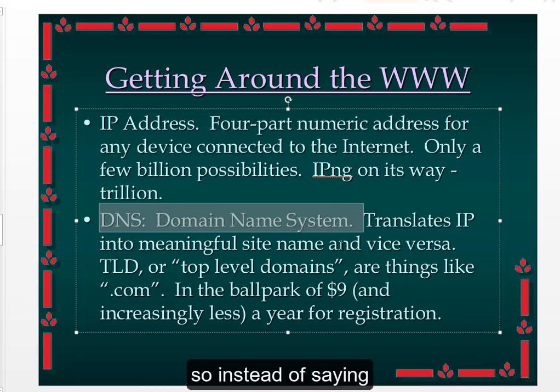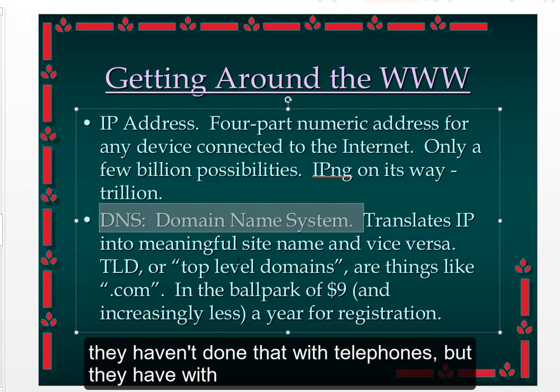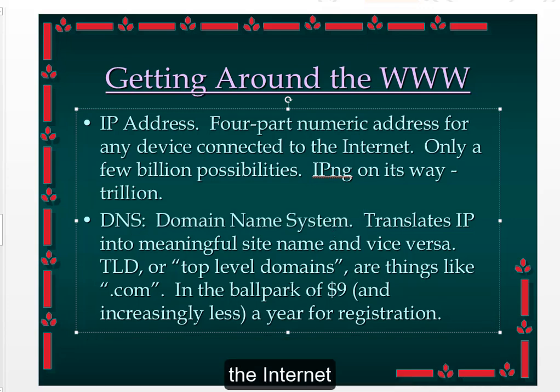So instead of saying go to 131.40.5.201, I say go to chuckdowning.com. That's because of this. Wouldn't that be nice? Instead of giving somebody your phone number, you could just say call Chuck Downing. They haven't done that with telephones, but they have with the internet.